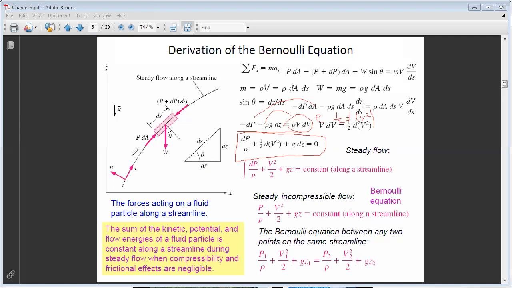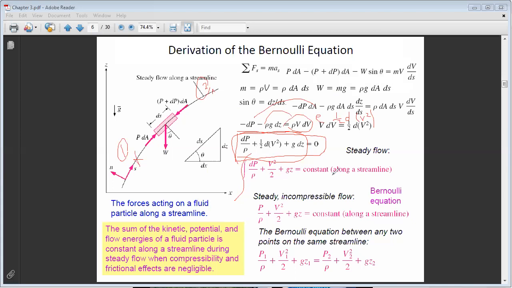Because if you go from any position 1 to another position 2, and you want to relate the variation of pressure with the variation of velocity, all you have to do is to say that since this function is equal to 0, if I integrate it, I should get a constant. So integral dp over rho plus integral v dv plus integral g dz is constant.